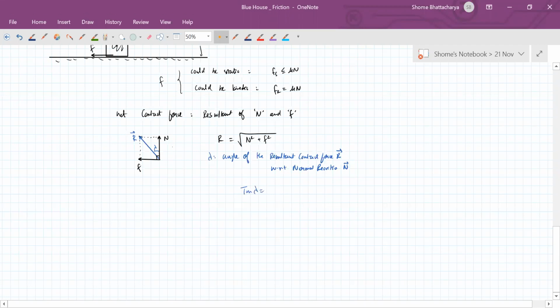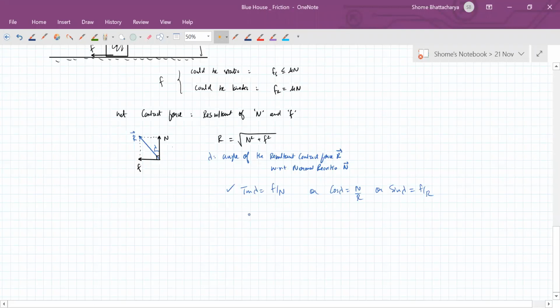Tan lambda is f by N, or you can also say that cos lambda is N by R, or sin lambda. It all depends on how we want to express it, but as given in the question, we want to express it in terms of tan, so we'll use this expression.